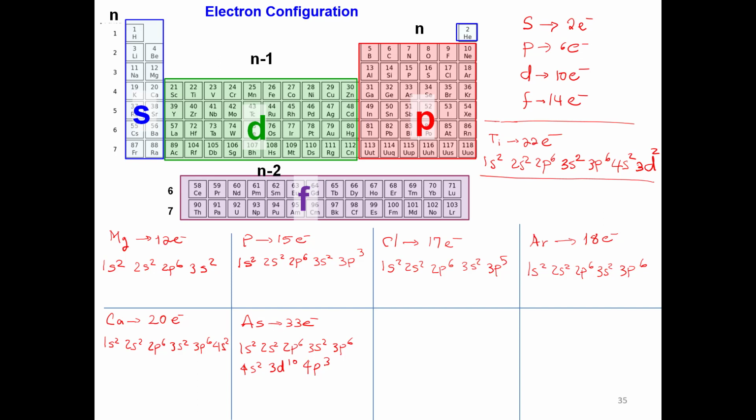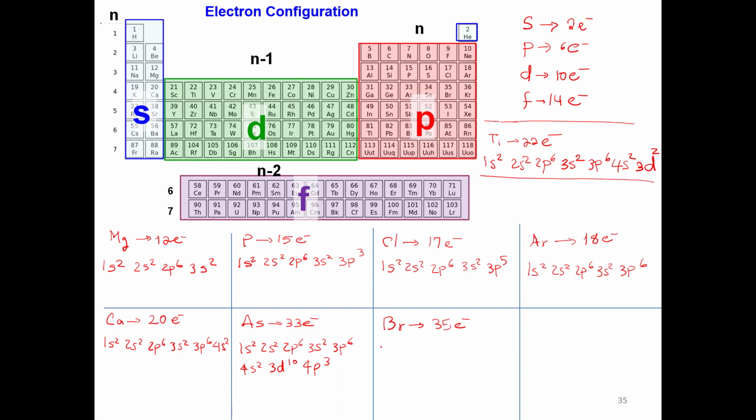Let's do it for bromine. Bromine has 35 electrons. Okay, and let's quickly complete for bromine. For bromine, the other shells are completed.